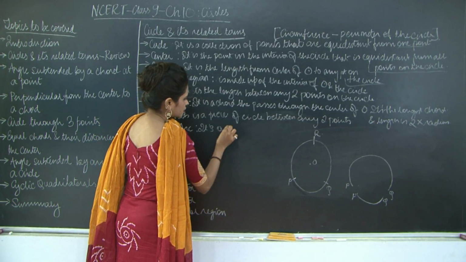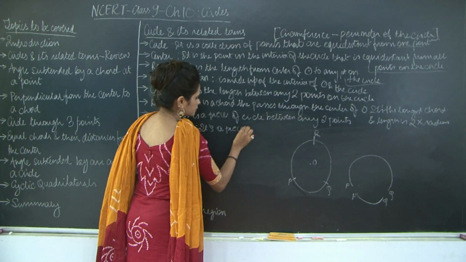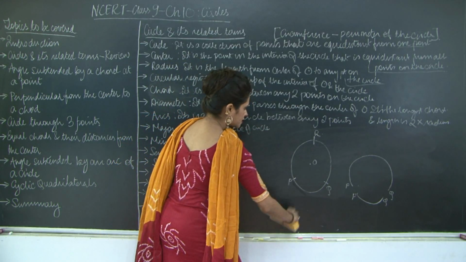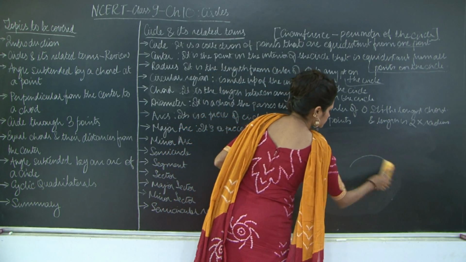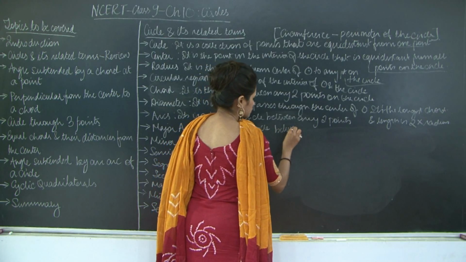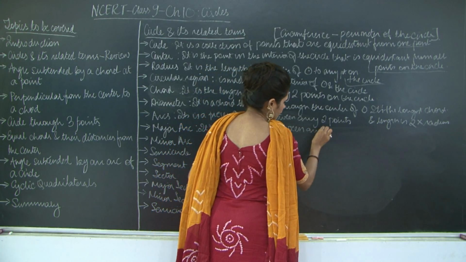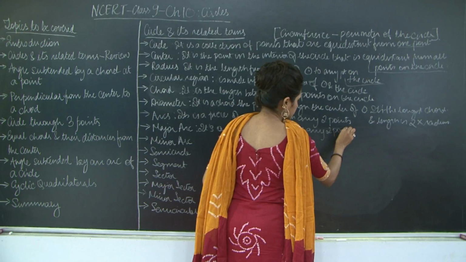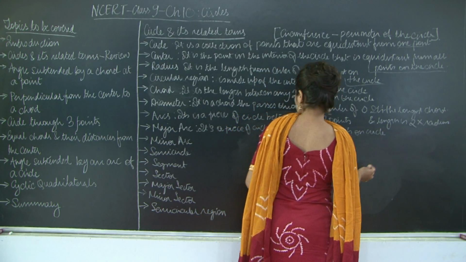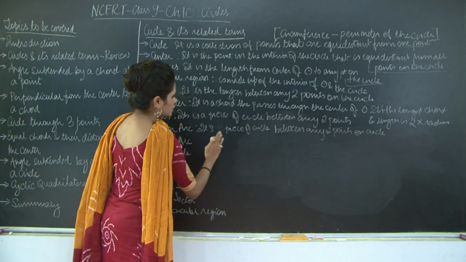So major arc, it's a piece of circle between any two points on circle.